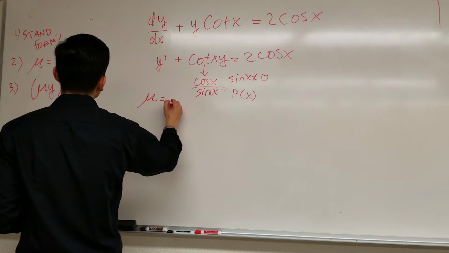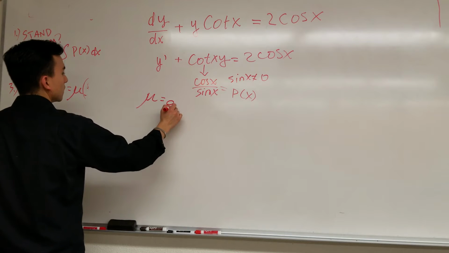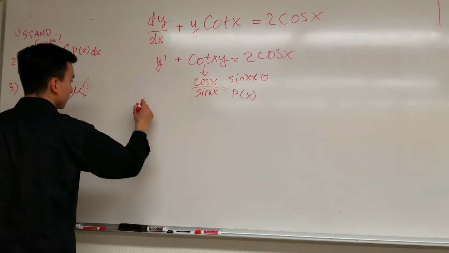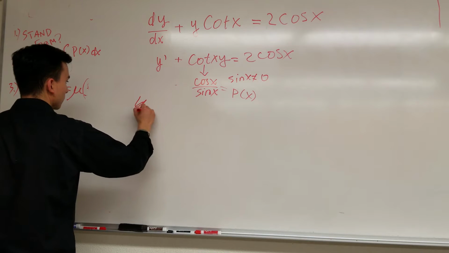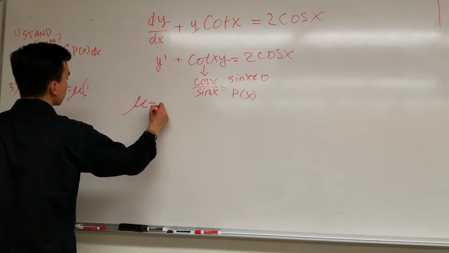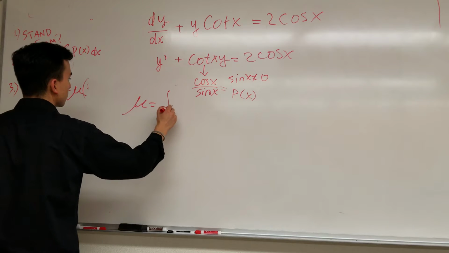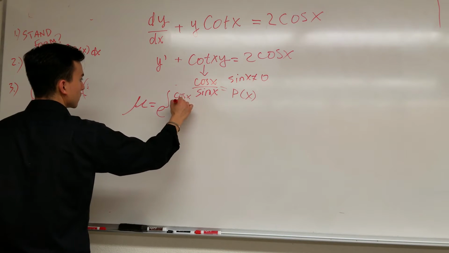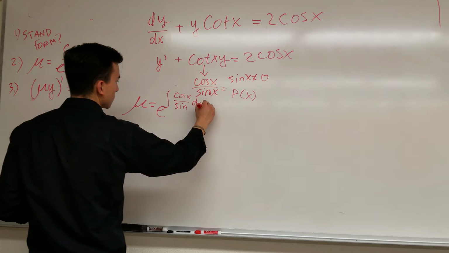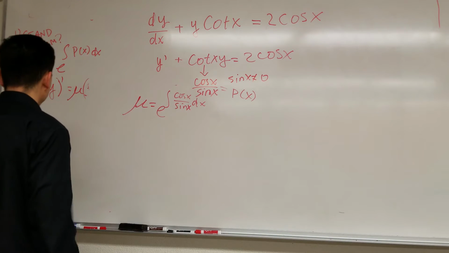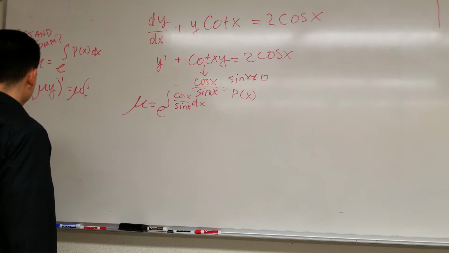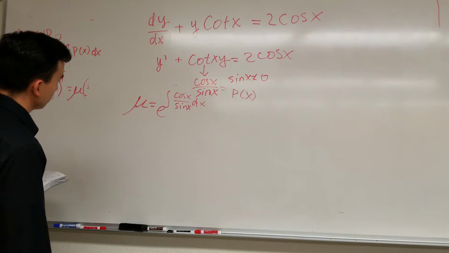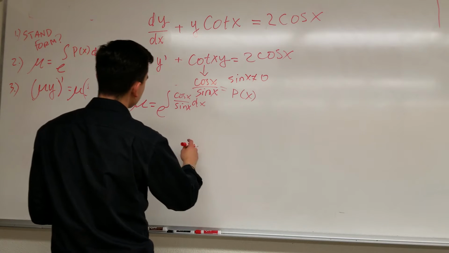So mu is equal to e to the power of the integral of cosine x over sine x with respect to dx. Okay, so what is that? Well, we could do a u substitution.